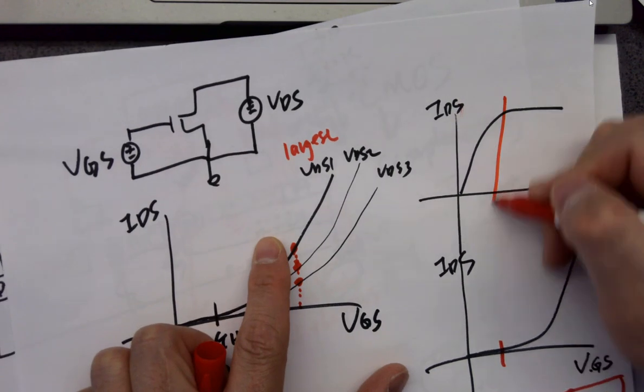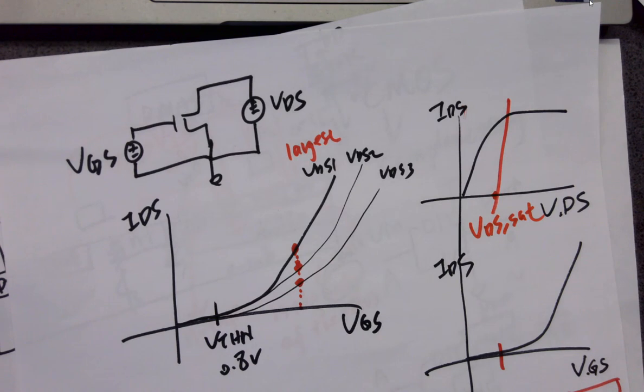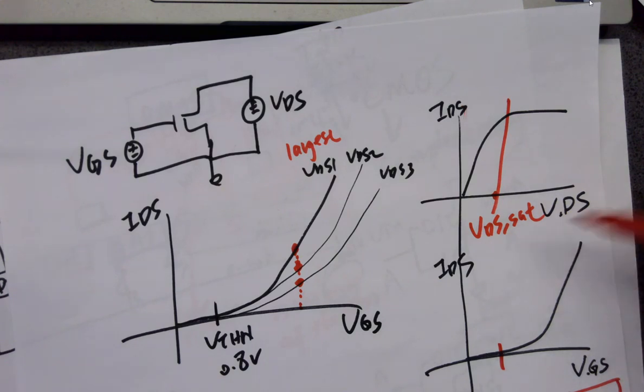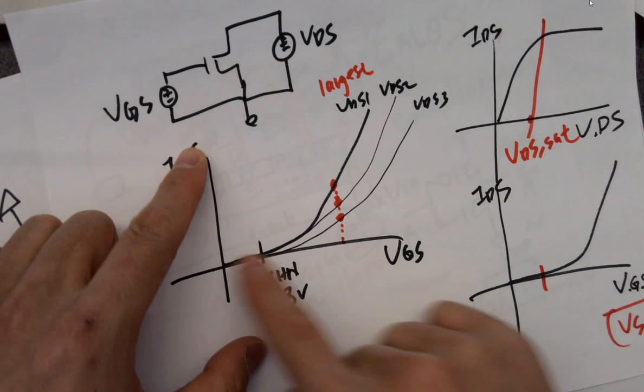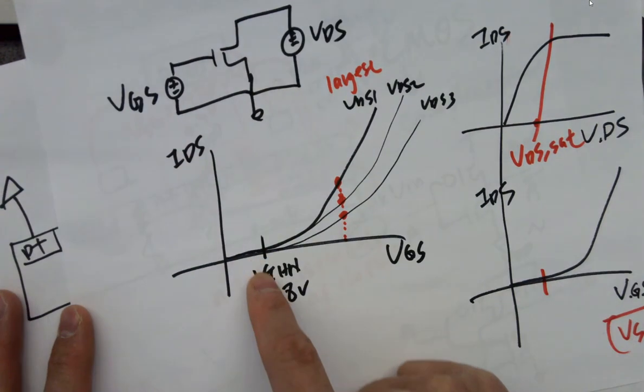So what is this voltage? VDS set, the saturation point voltage. If it's PMOS, it's VSD set. Okay? Which one has a higher voltage? Okay, so VGS to IDS, it looks like this, and the threshold voltage is over here.